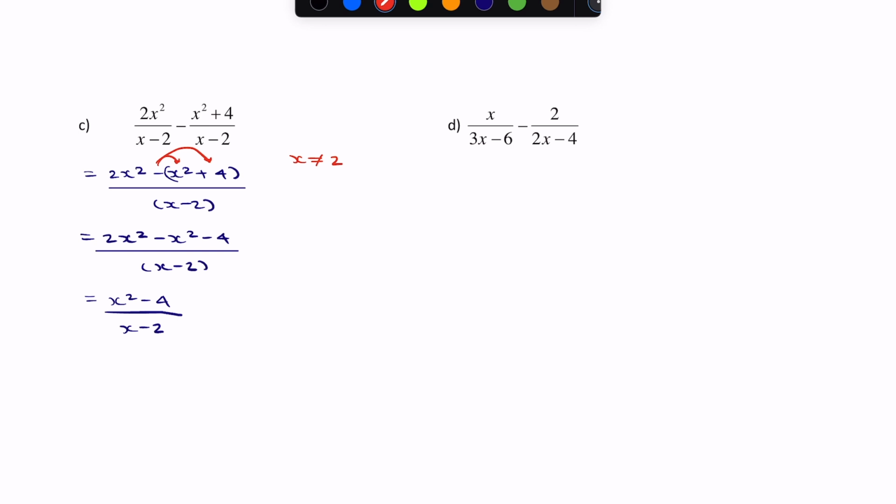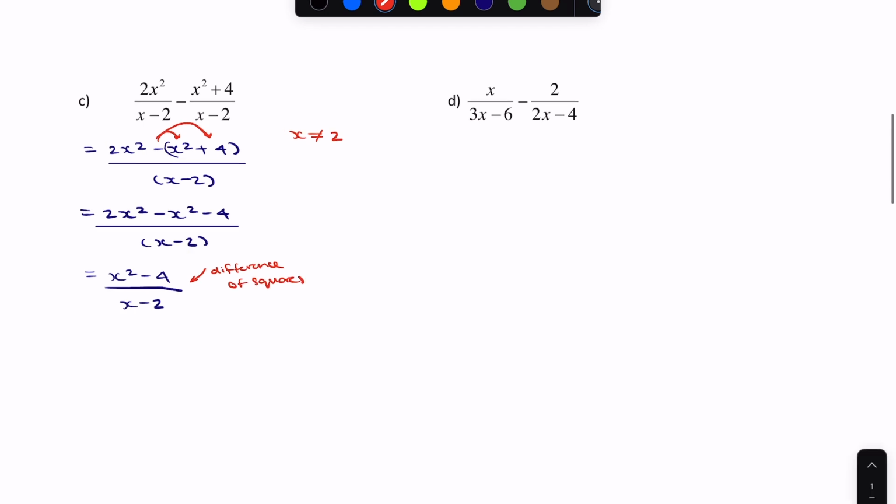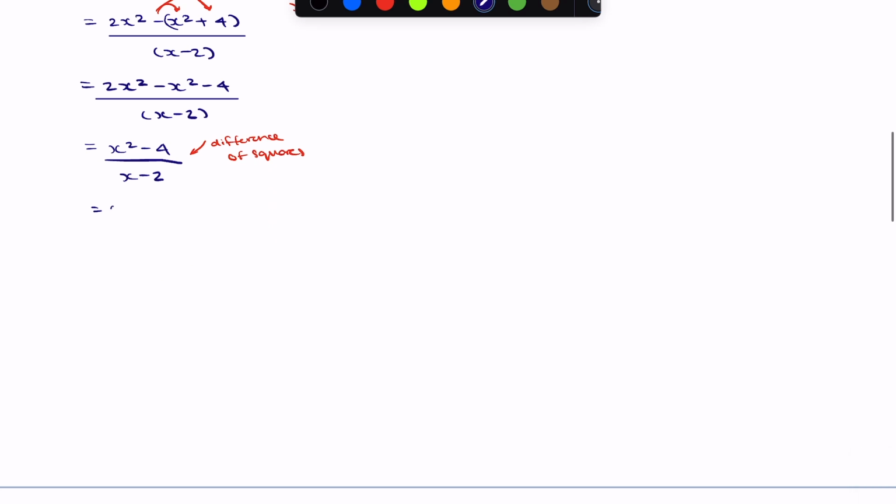Again, this is a difference of squares. This means here we have x minus 2 times x plus 2 divided by x minus 2. So the x minus 2 will cancel out. And here we'll just be left with x plus 2 as our final answer.